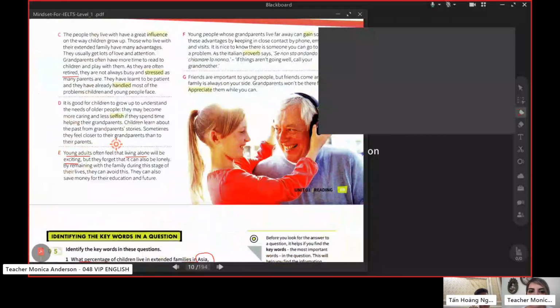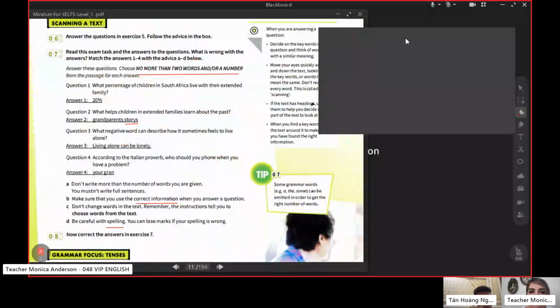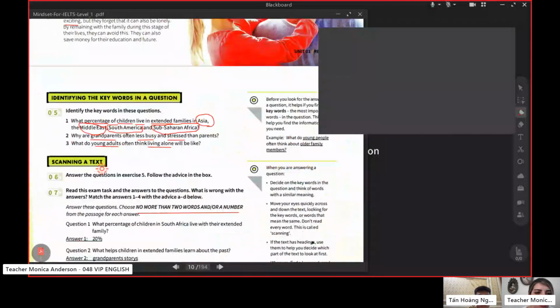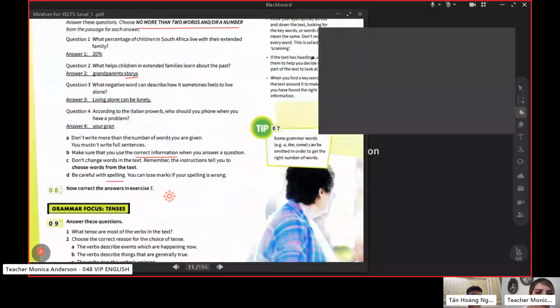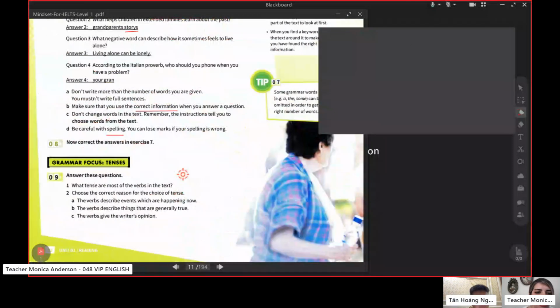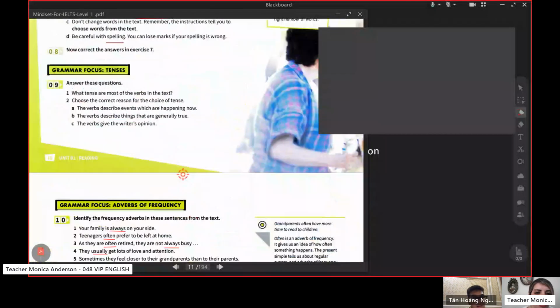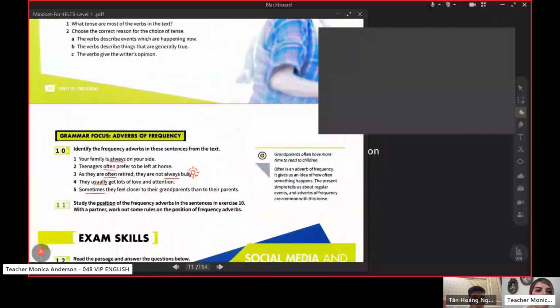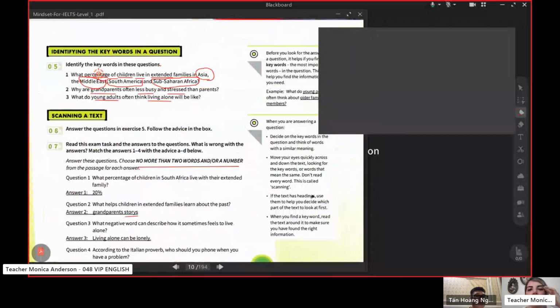In exercise 0.5, I identify the words. Which one? Okay, which part? Would you tell me? On 0.5. Okay, identify the keywords. So what's the problem? Number 7.